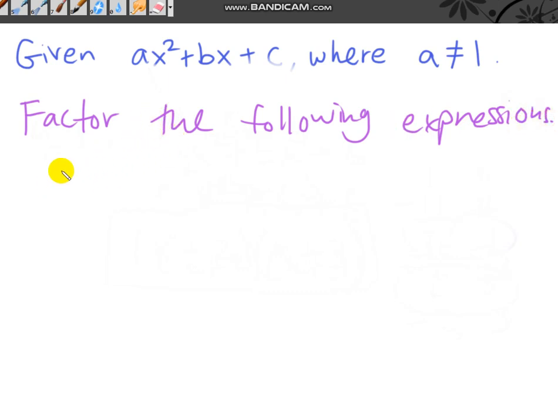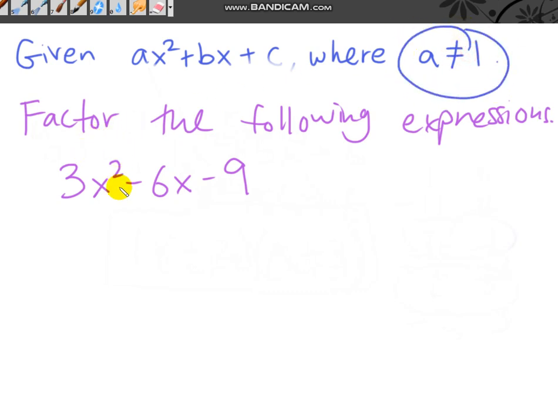First one I have is 3x squared minus 6x minus 9. In this case, you see a is not equal to 1; a is equal to 3. Usually when you want to factor something, you start by looking to see if there's a common factor shared between all the terms.